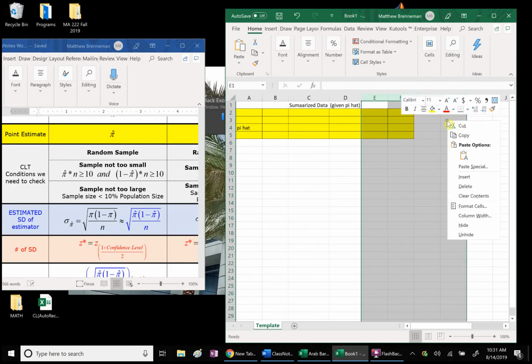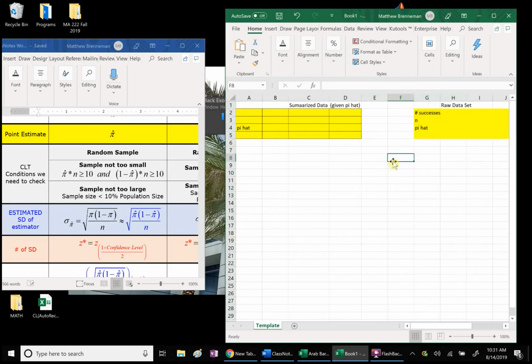I'm going to bring this down a little bit. This will be the calculation for the margin of error. We need our confidence level. Again, that's going to be given. Then we're going to compute our z-score. We're going to call that z star.